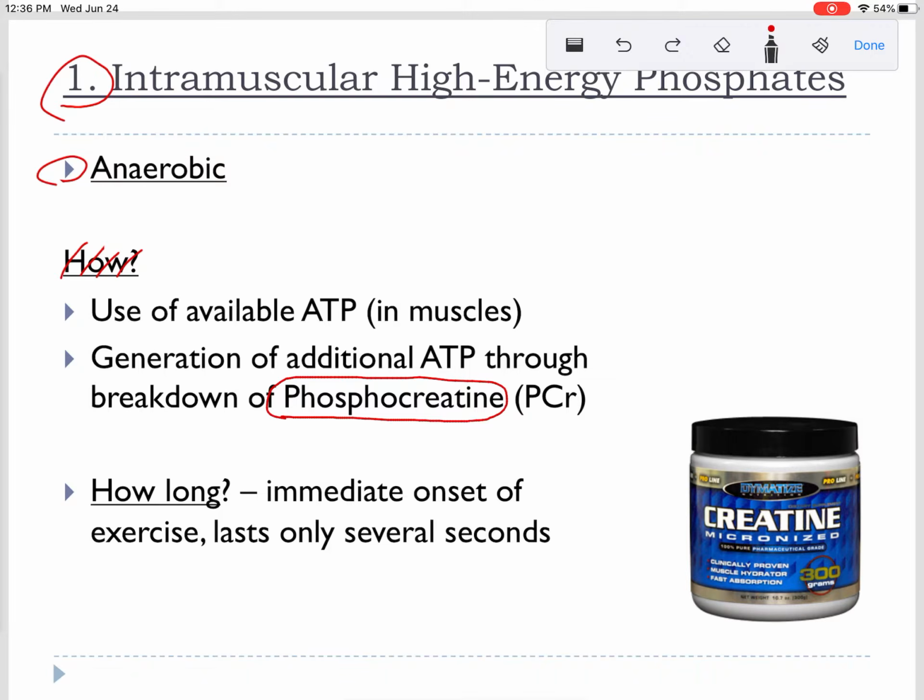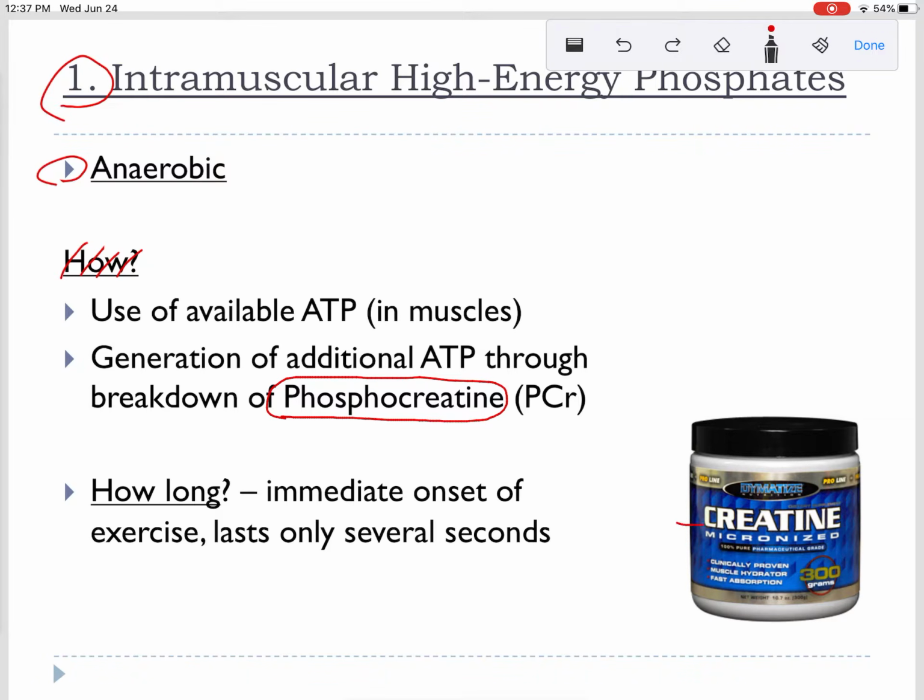This first series of chemical reactions requires something in our body called phosphocreatine. Our body has this naturally. Cool. I'm bringing this up because now we can understand something about one of the supplements that is commonly used called creatine.